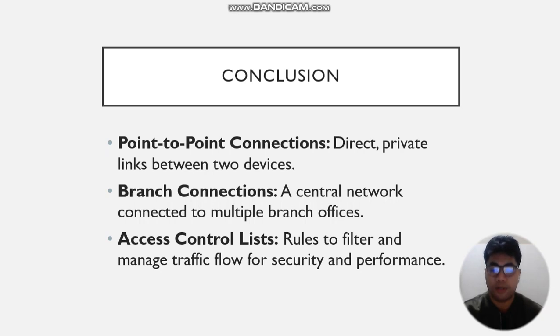So we have covered the three fundamental concepts in data communication and networking, which are point-to-point connections, branch connections, and access control lists. I hope this presentation has shown insights into the importance and practical applications of these networking concepts.